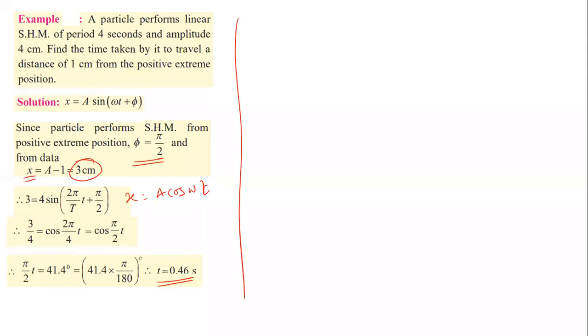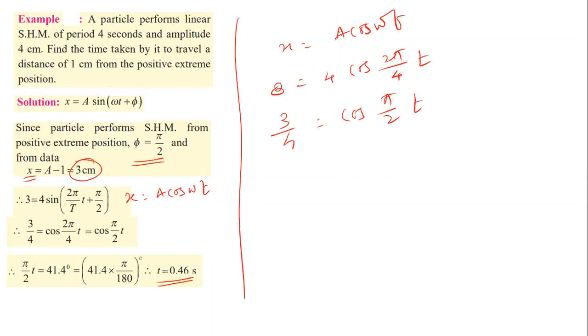Just as I told you, you can use this formula a cos omega t. x is here 3, a is 4. Cos of 2 pi by T, which is 4, into small t. So it is coming 3 by 4 cos of pi by 2 into t. So it is 0.75 cos pi by 2 into t. Cos inverse 0.75 is pi by 2 into t.